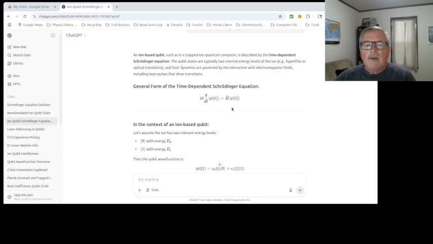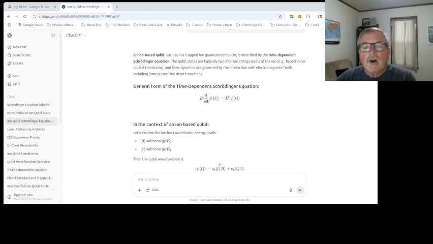Okay, you ready? Schrodinger's equation, fundamental to quantum mechanics. You notice if you take out this i-h-bar thing, then it looks just like a first order differential equation.